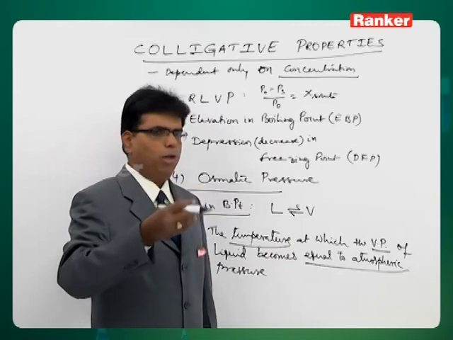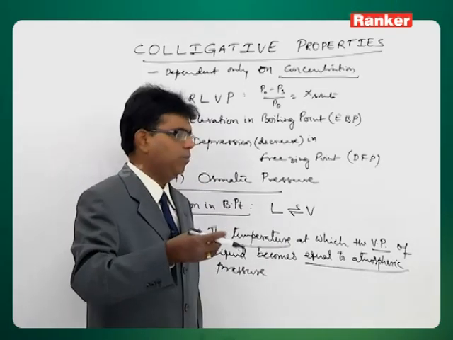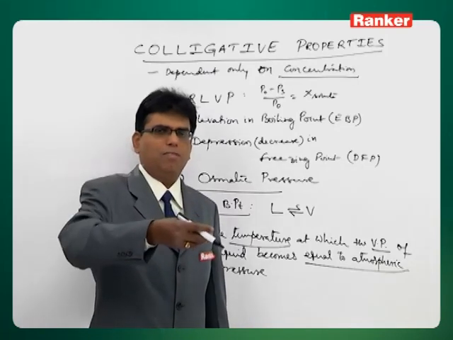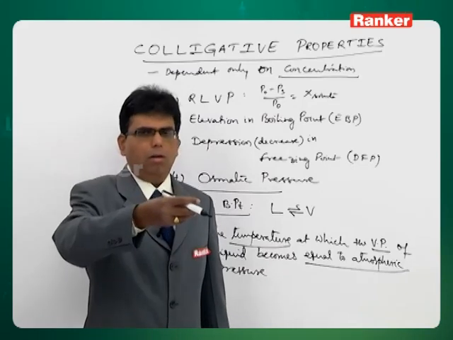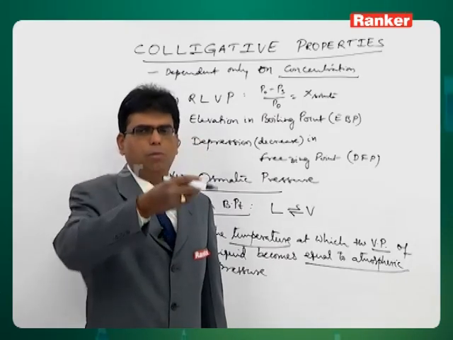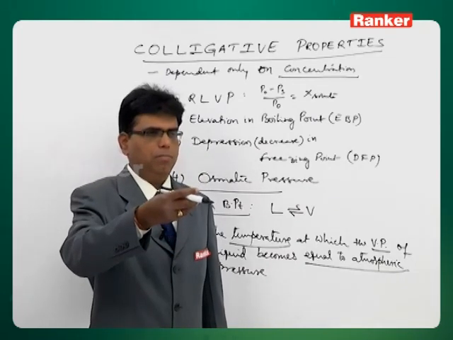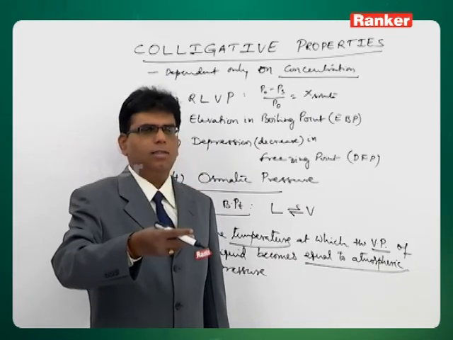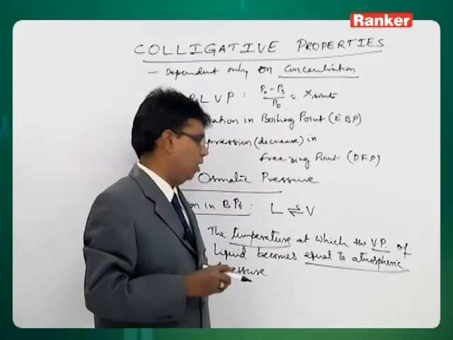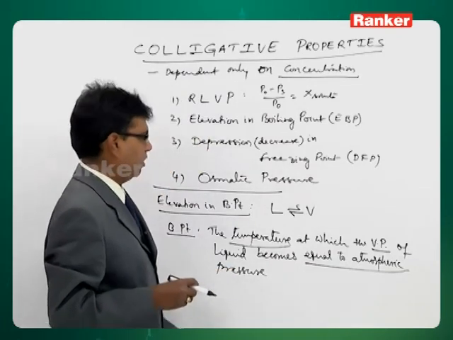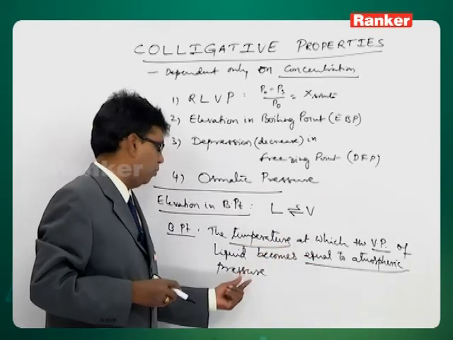So, if you take two liquids, one more volatile and one less volatile, the more volatile liquid, whose vapor pressure is higher, will reach atmospheric pressure at a relatively lower temperature. That is the reason a more volatile liquid will have a lower boiling point. This we can show graphically also.